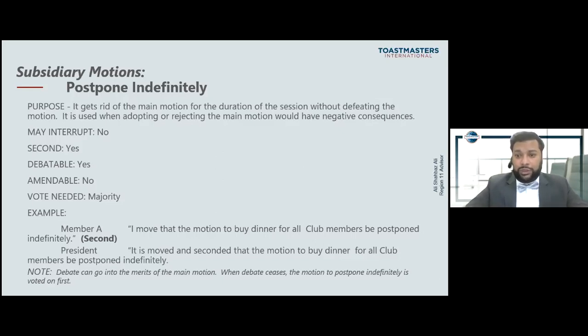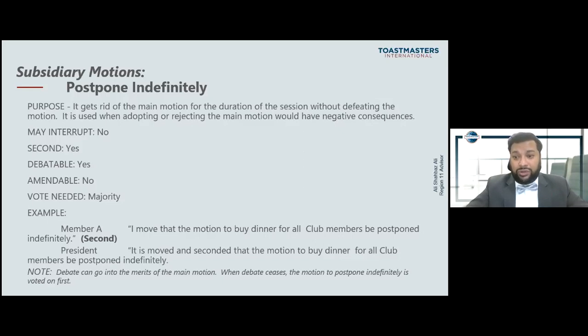So the presiding officer, let's say the president here, first gives the first motion, and then when there is a debate, people come up with these subsidiary motions, and that gets debated and voted. Then the presiding officer has to announce that this has been adopted and the main motion is defeated. Exactly. And in future series, we will also find out what's the next stronger motion than postpone indefinitely.